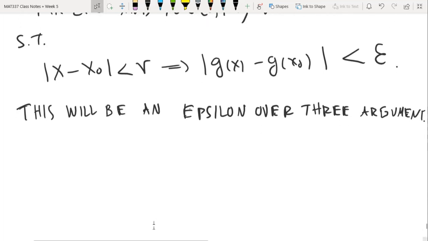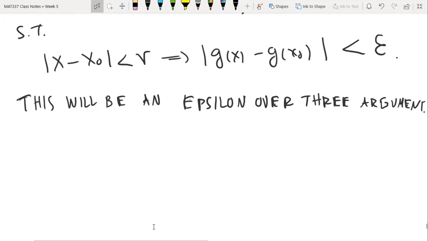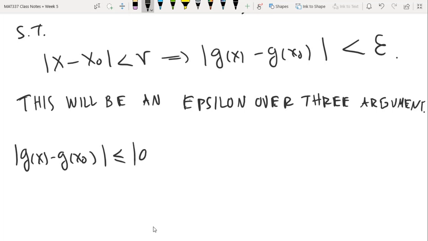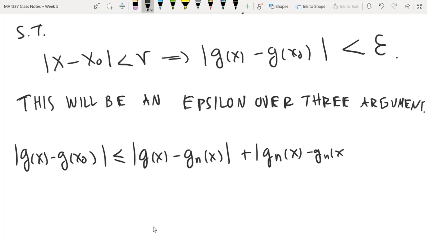Okay, let's see what's happening. So let's do a little bit of reverse engineering. We have g(x) minus g(x naught), and then let's subtract the limiting sequence: g(x) minus g_n(x), plus g_n(x) minus g_n(x naught), plus g_n(x naught) minus g(x naught).